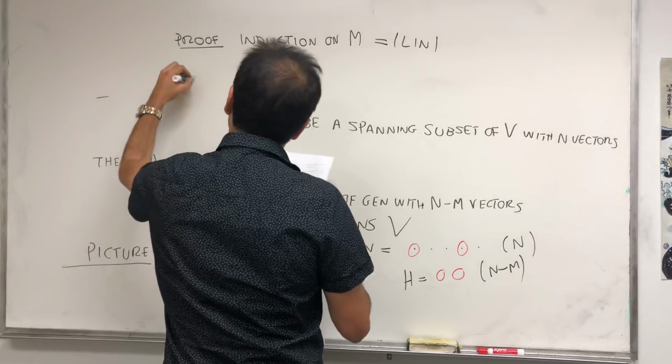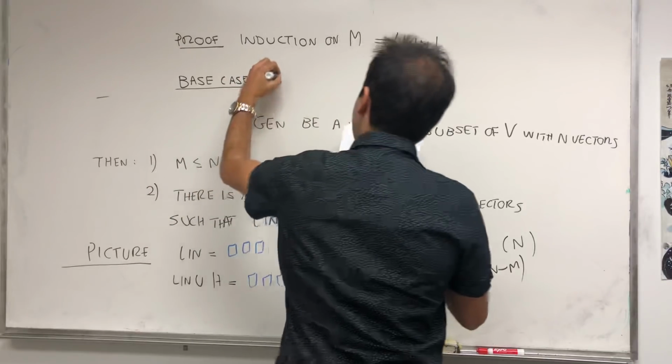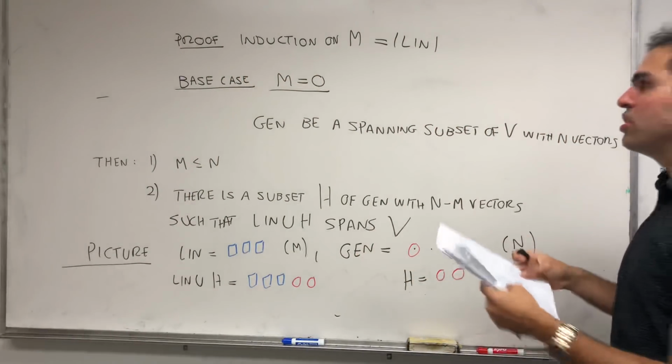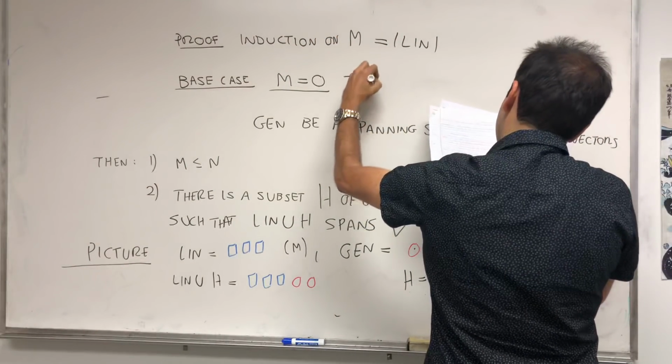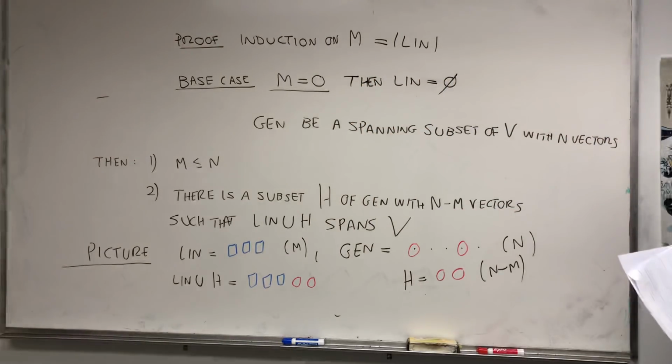So, base case. Suppose m is 0. So suppose lin actually has no elements. Then lin is empty. But then in that case, it's very easy.